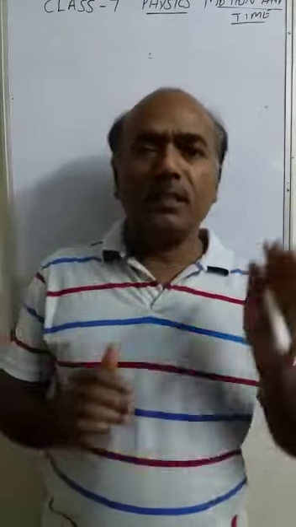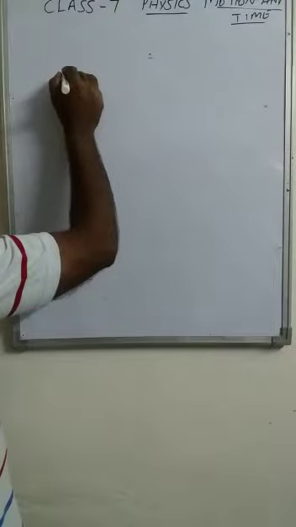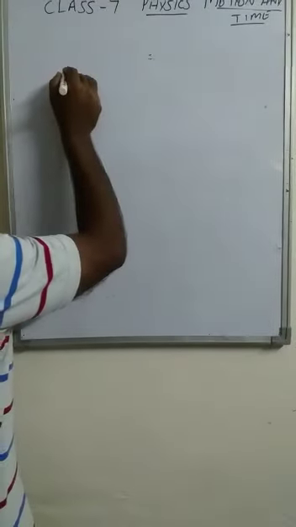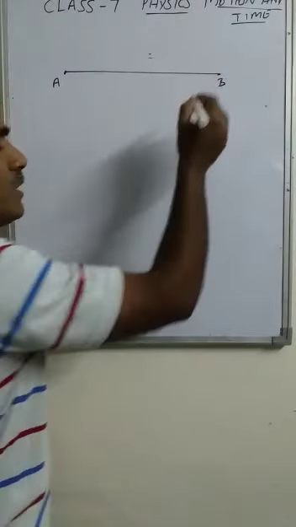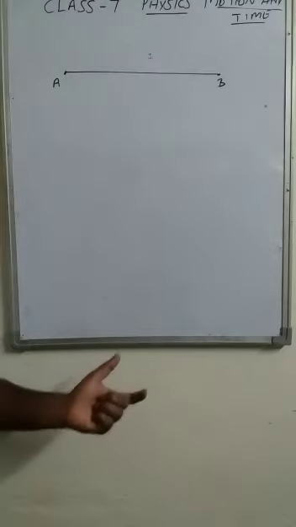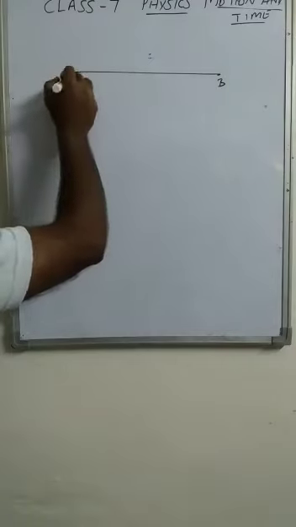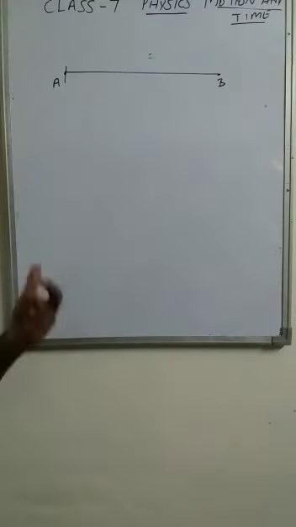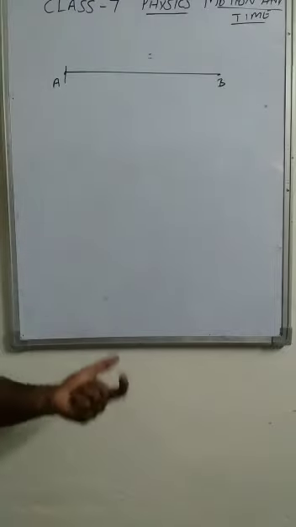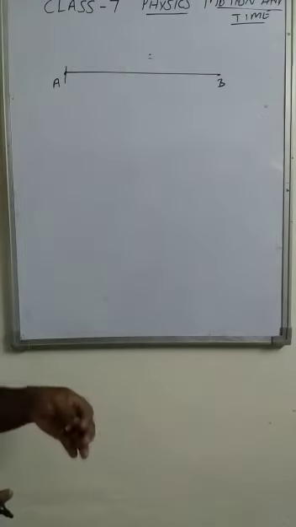And in this non-uniform motion, suppose anything is traveling in a particular direction from one point to another point, in that case, it covers unequal distance in equal interval of time. In that motion, if the vehicle started its motion, moved for some distance for some time, then for the same interval of time, the distance covered may be smaller or greater.